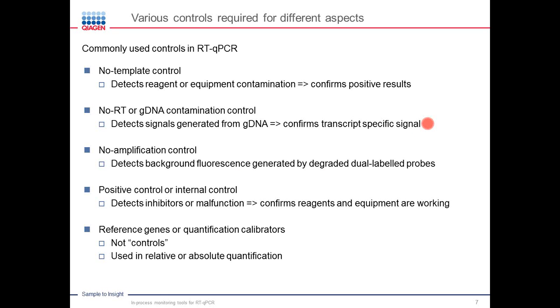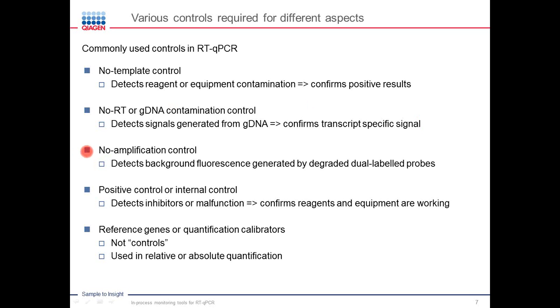Because in theory and as well in practice, genomic DNA, which potentially is carried over into our purified RNA or into our experiment, will also bind to the primers, or primers can bind to the gDNA, and then cause an additional elevated signal there, which will simply add to our specific signal from the transcript.